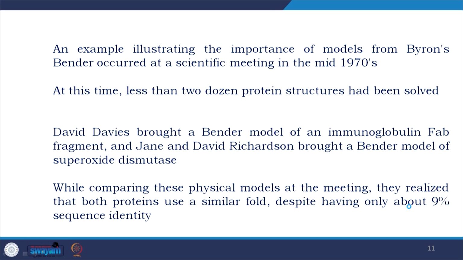But when both structures were given to them, they developed the models with Byron's bender. You look at the physical models and you realize these two models are very similar. So the folds are similar, though the sequences are very dissimilar, with only 9% sequence identity.